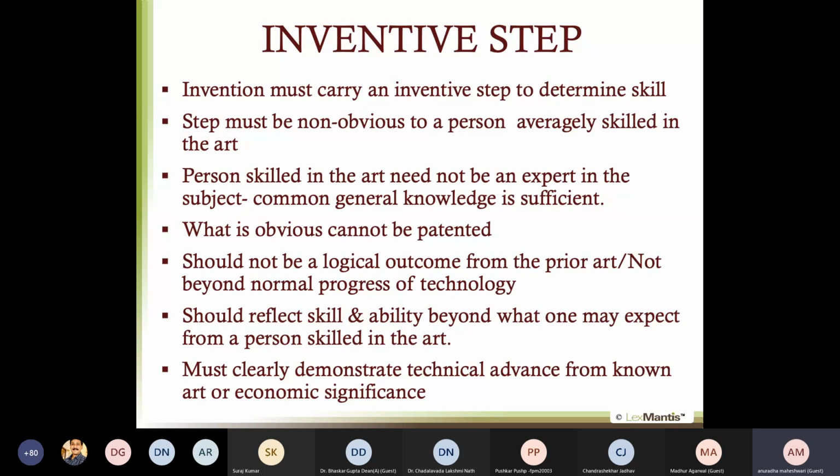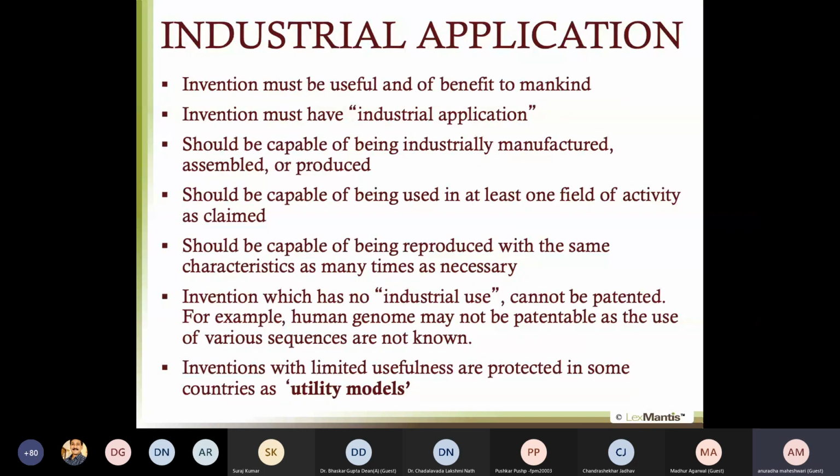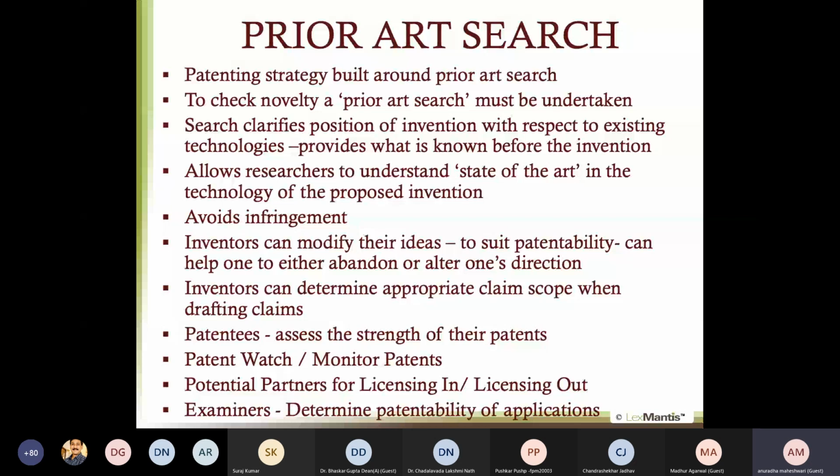But if I say 16 plus 16 is 42, that's where I am inventing. That is my invention. So it should not be something that is predictable, something that is obvious to people who are in that particular field, who know. So it has to be non-obvious. So that is where you will show the technological advance. And then, as I said, it has to be of industrial use.